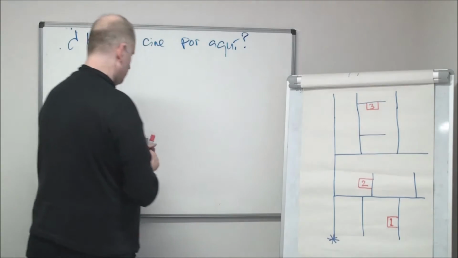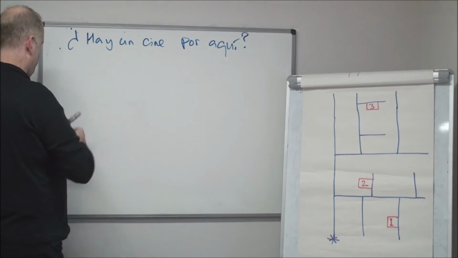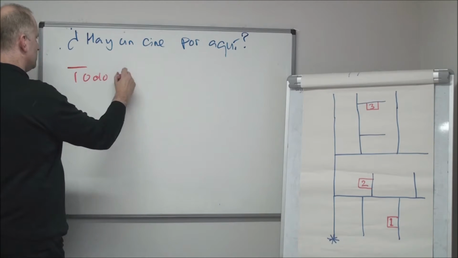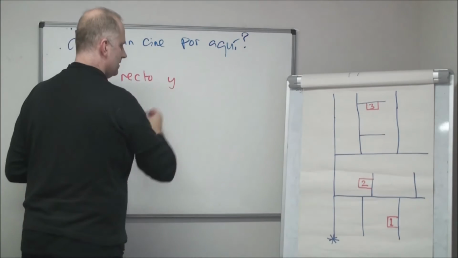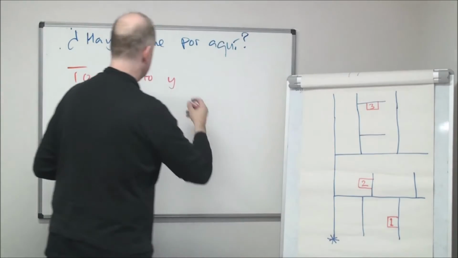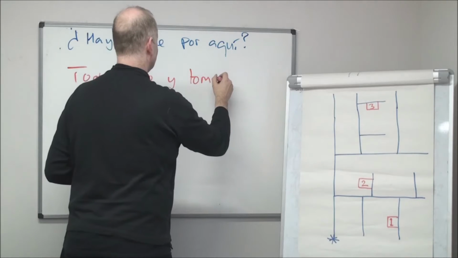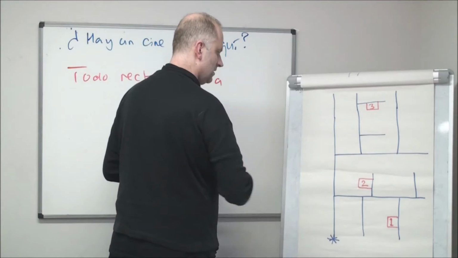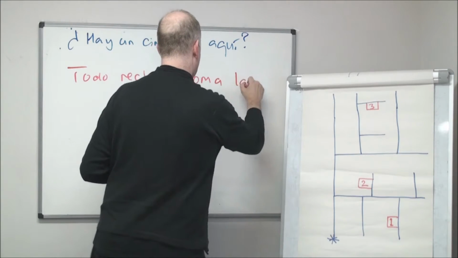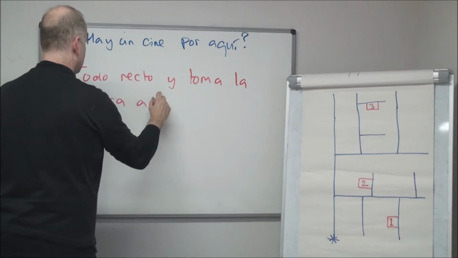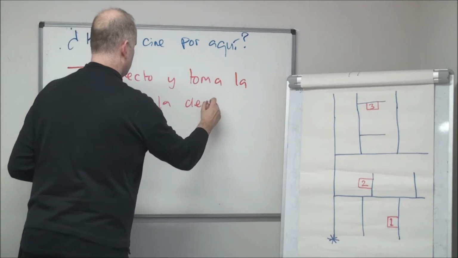Straight on, just todo recto. Todo recto. And then take, y toma, the first on the right, so it's the same as before pretty much, la primera a la derecha.